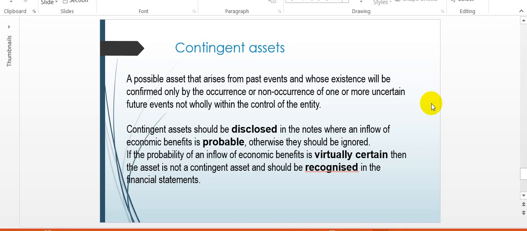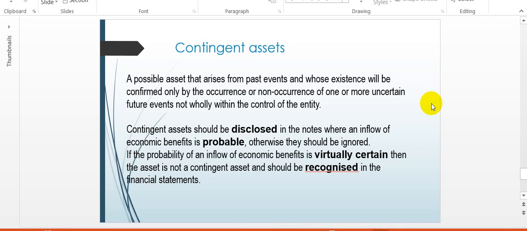From the examining point of view, most questions usually come from the provision side. In terms of weighting, I would say 70% or 80% will come from provisions, and the rest from contingent liabilities.